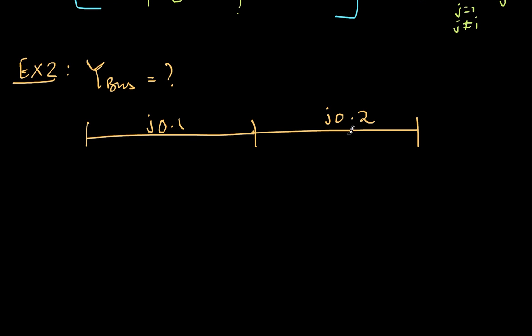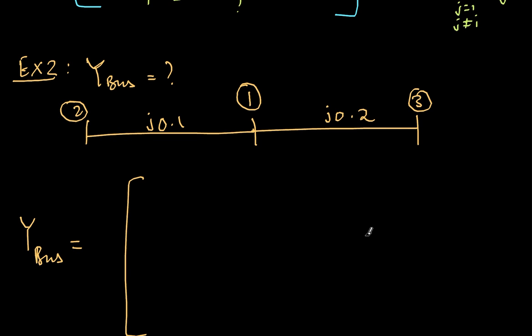The values are exactly the same, just that the numbering is different: this I'll use as bus 1, this as bus 2 and this as bus 3. Now what is the Ybus? The system is the same, just the numbering of the buses has been changed.